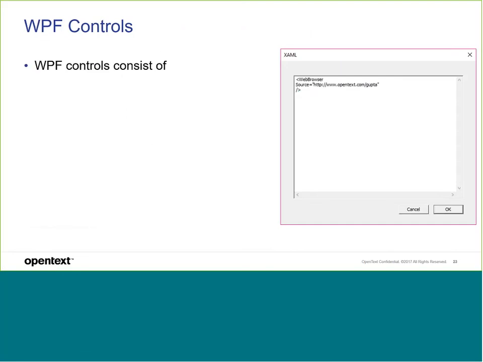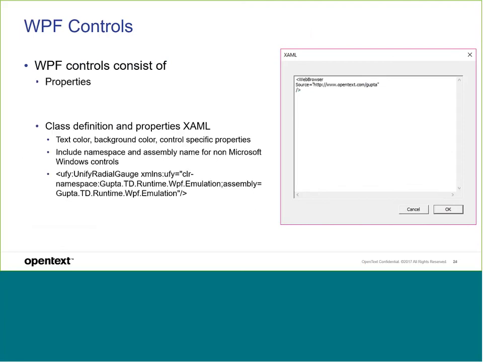So a WPF control consists of properties, methods, events, and the class definition and properties XAML. This is basically the definition here. This is the XAML that, for example, puts a web browser onto a Team Developer form.